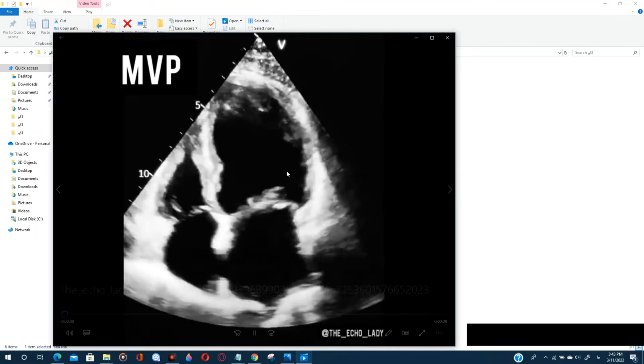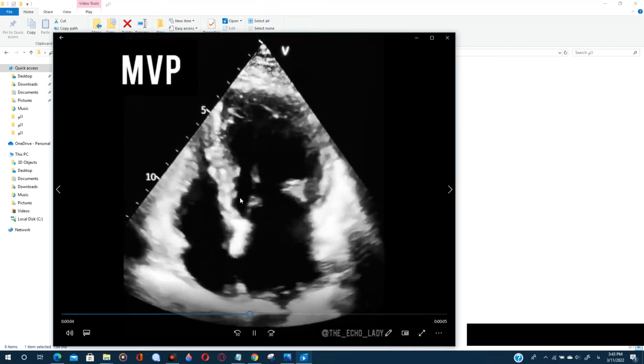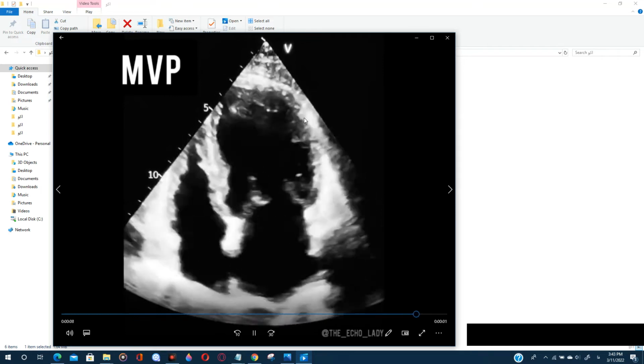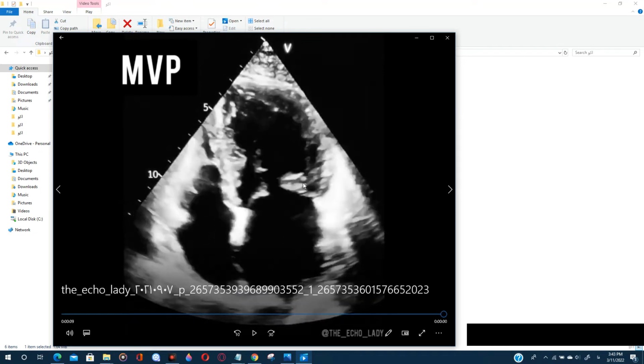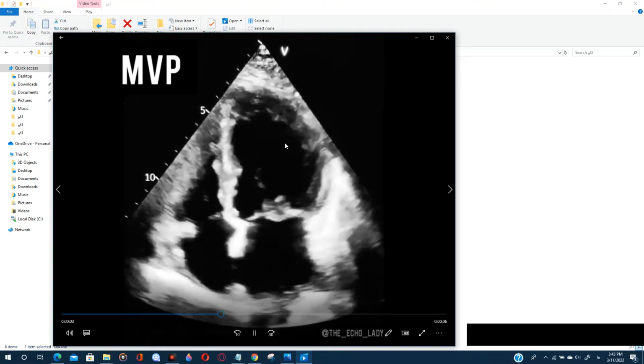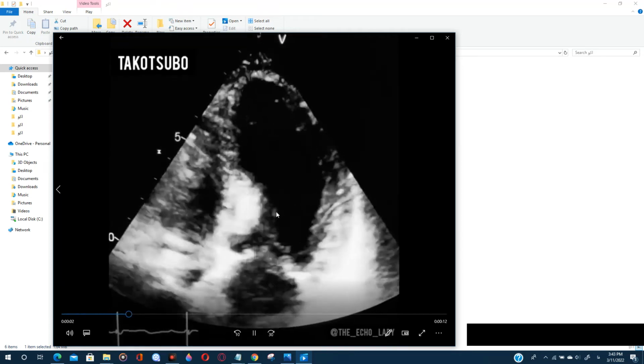We see in this video a good contraction of the valve. This is the septum, this is the apex, and this is the lateral wall of the heart.